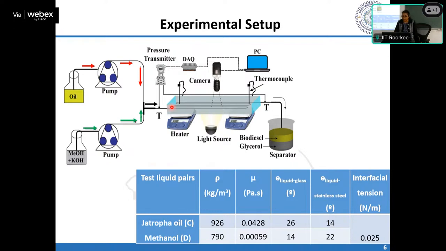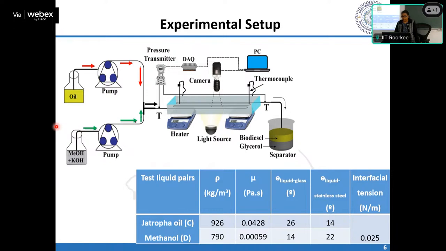Let us first discuss the setup. So here is your serpentine reactor, and the reactor is maintained in a typical oil bath, heated from the bottom through electric coils, so that a constant temperature of 55 degrees can be maintained.